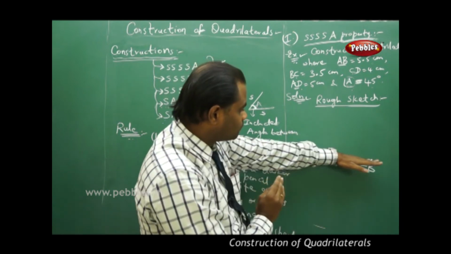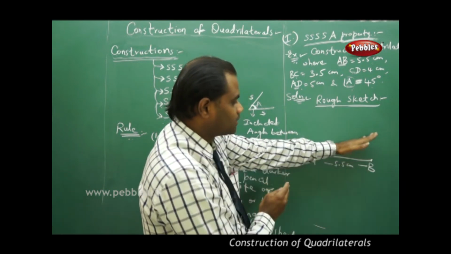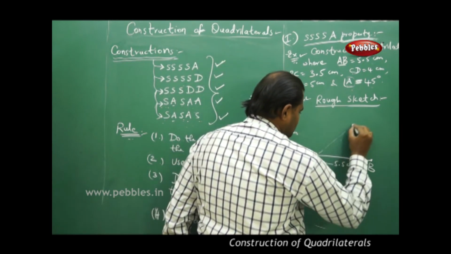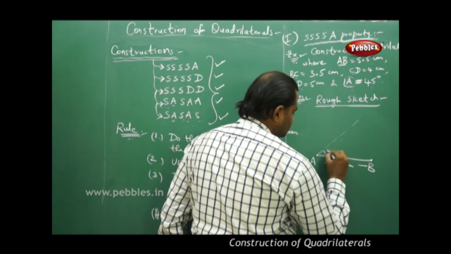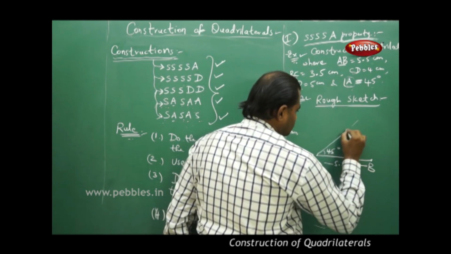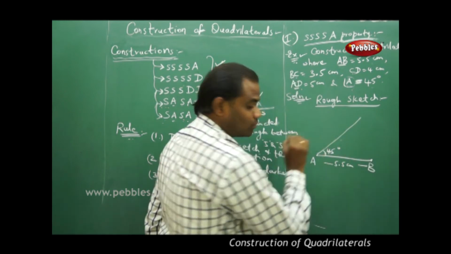You follow the angle from B, from the right through the protractor, which gives me approximately 45 degrees. So my angle A is 45 degrees through a protractor.